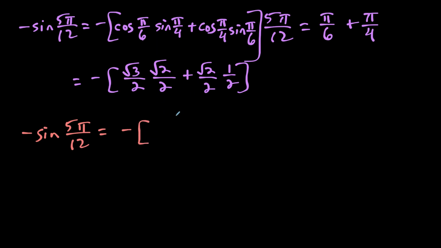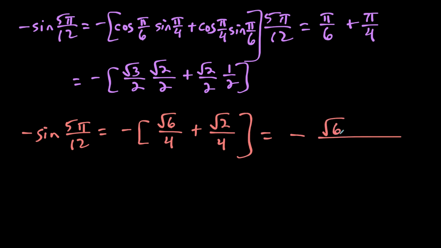Square root 3 times square root 2 is square root 6 over 4, plus we have square root 2 times 1 is square root 2 over 2 times 2 is 4. So if we want to combine this into a single expression, we could keep the minus on the outside, and then our fraction is going to be square root 6 plus square root 2 over 4.